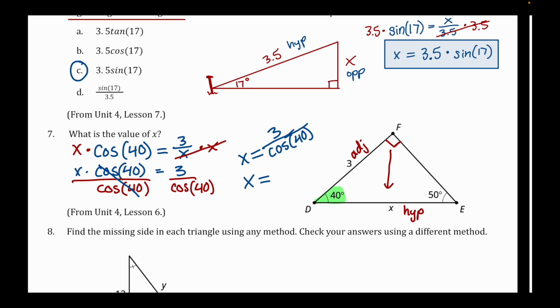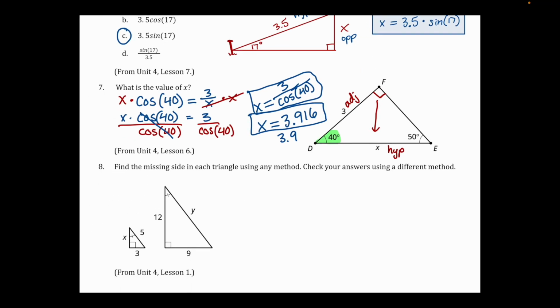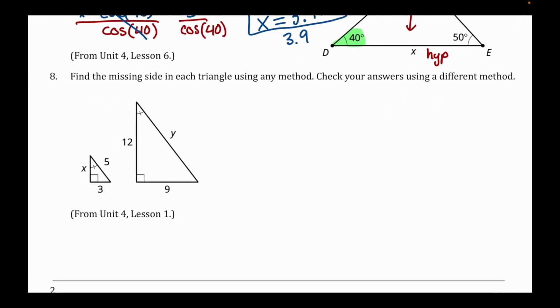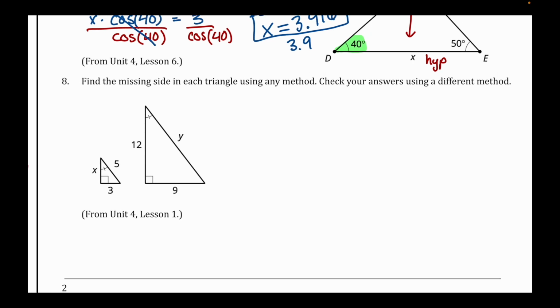And calculator says that x is 3.916. So you can also just say like 3.9 would be a good estimate for it as well. So I'm going to put some boxes around these because these would technically both be answers for the value of x. Very last one is find the missing side in each triangle using any method and then check your answers.